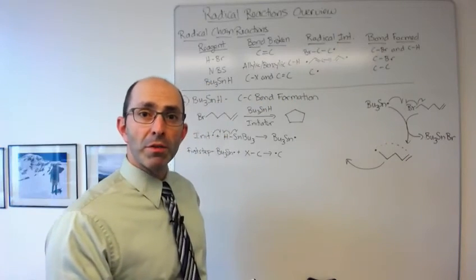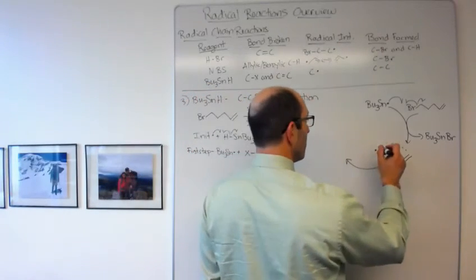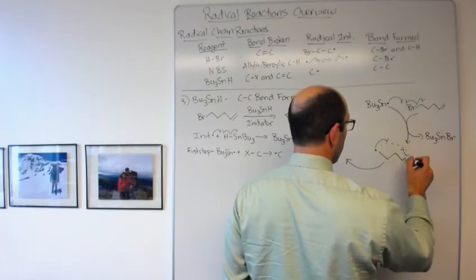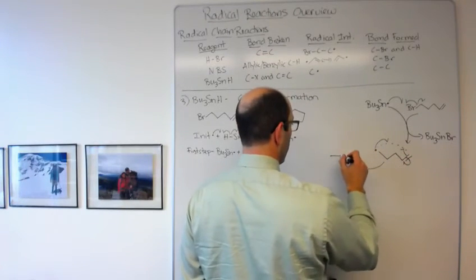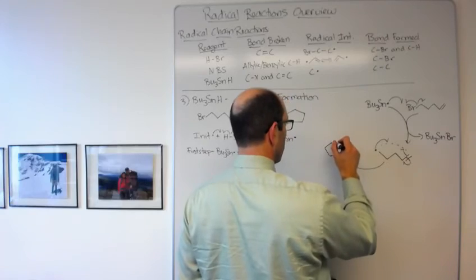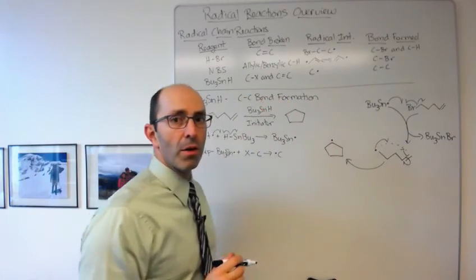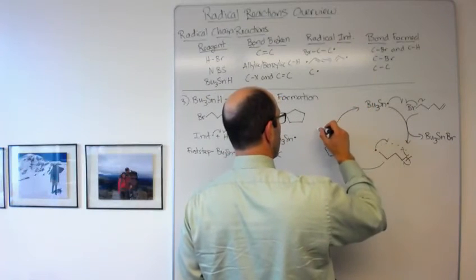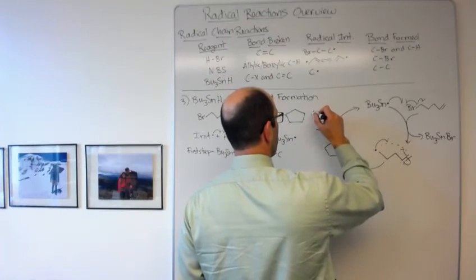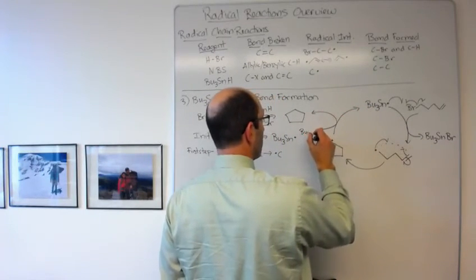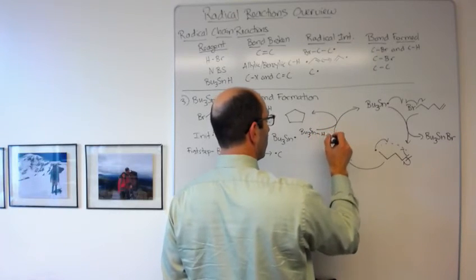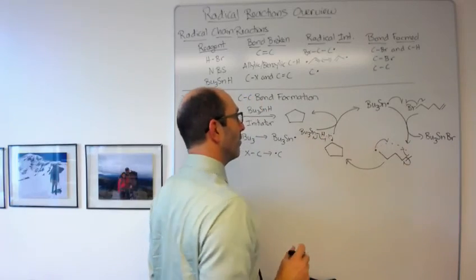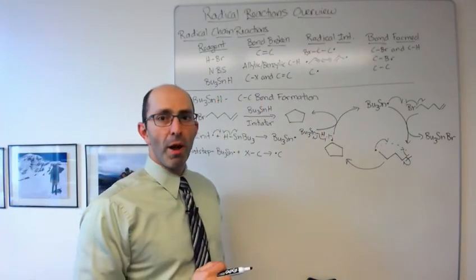Right, we can make 5, 6, and 7-membered rings very nicely using this strategy. That gives us a 5-membered ring, secondary radical, and then this can react again with tributyl tin hydride to give us our product and regenerate the tributyl tin radical, right?